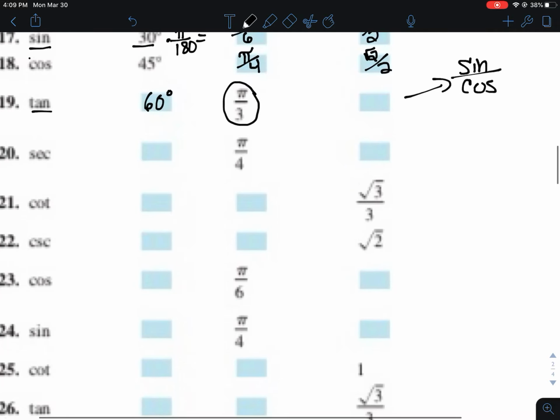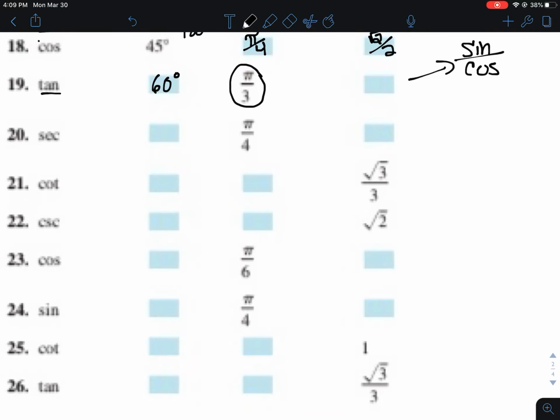But let's look at one of the ones where they give me the function value. So here, let's do 22. They said we're using the function cosecant, and we know that cosecant is 1 over the sine, or 1 over y.